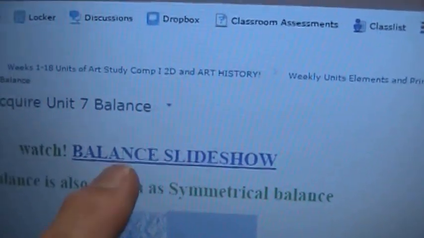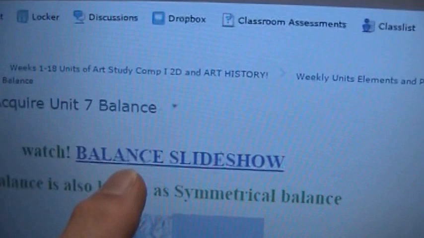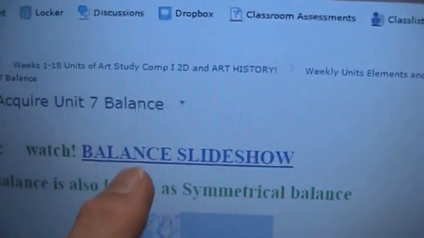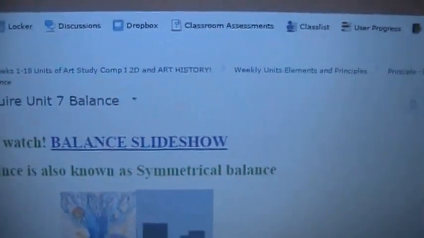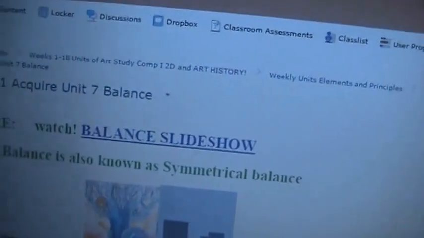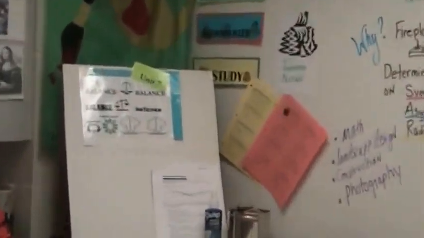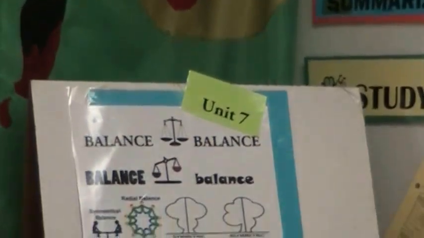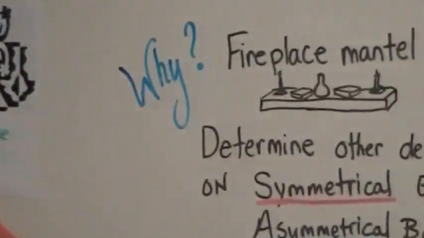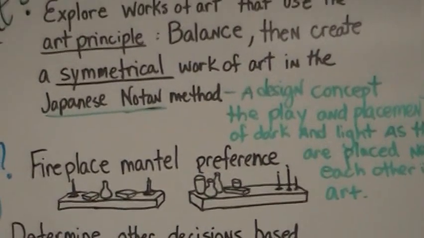The first is a video on preview, and the second is the slideshow on acquire. Read through that information, and if you missed the entire class, you'll need to catch up on that. Anytime you're asked what we're studying, we always have it posted over here on this little board with some examples of balance.